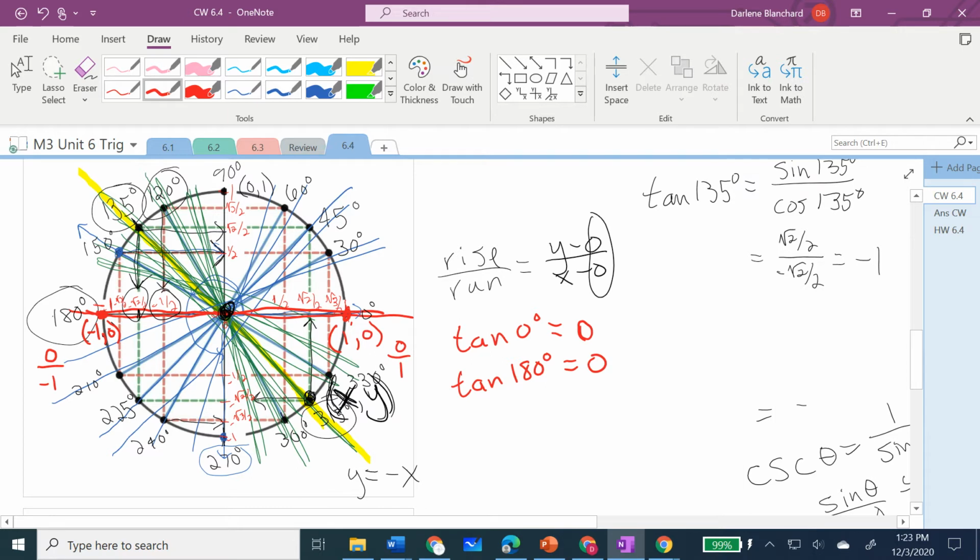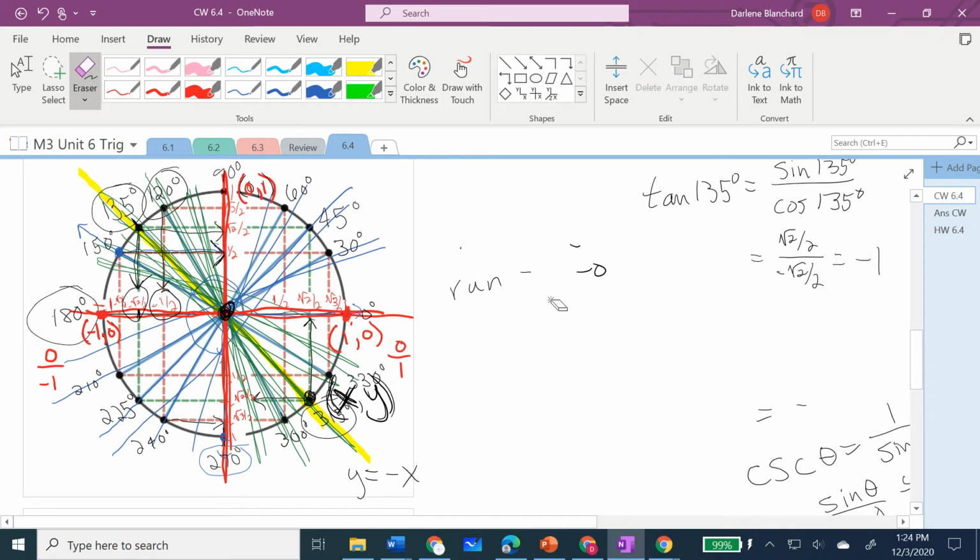But next I've got a harder one for you. Tell me about the slope of the vertical line right here. It is not defined. Now, if you look at taking sine divided by cosine, sine is the y-coordinate 1, cosine is the x-coordinate 0.